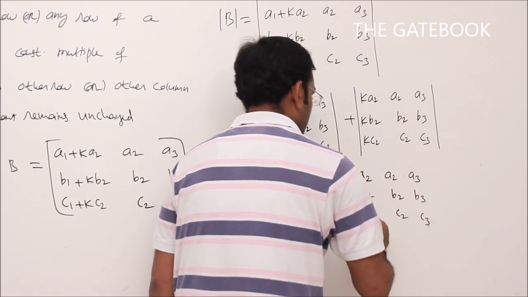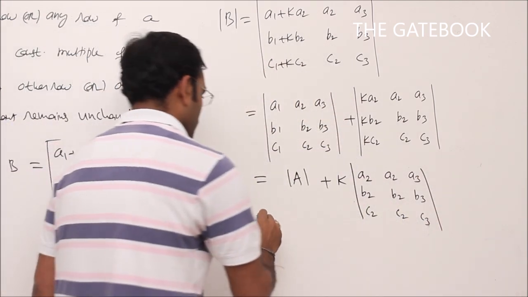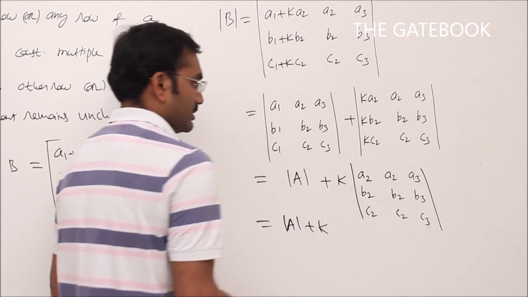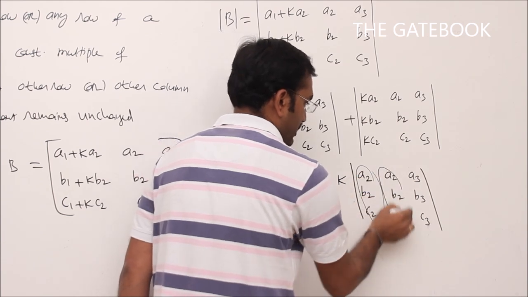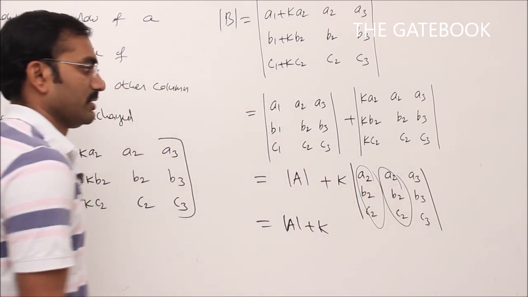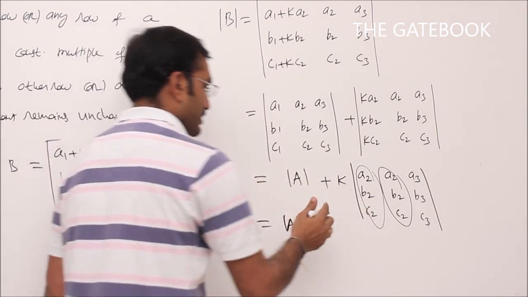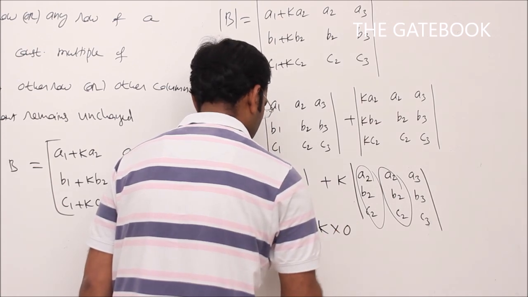Now determinant of A plus K into, here see, first column elements and second column elements are identical. In a matrix, if any two rows or two columns are identical, then the value of the determinant of that matrix is 0. So we'll get K into 0. So that is equal to determinant of A.